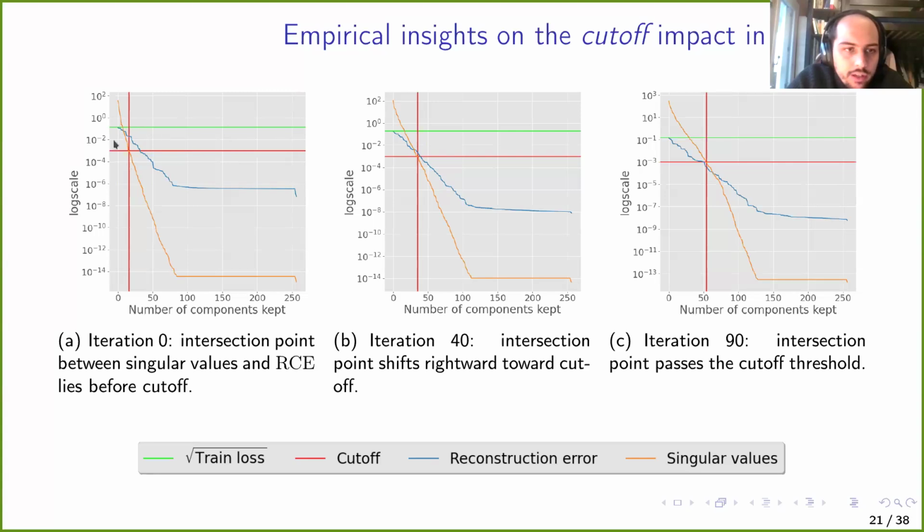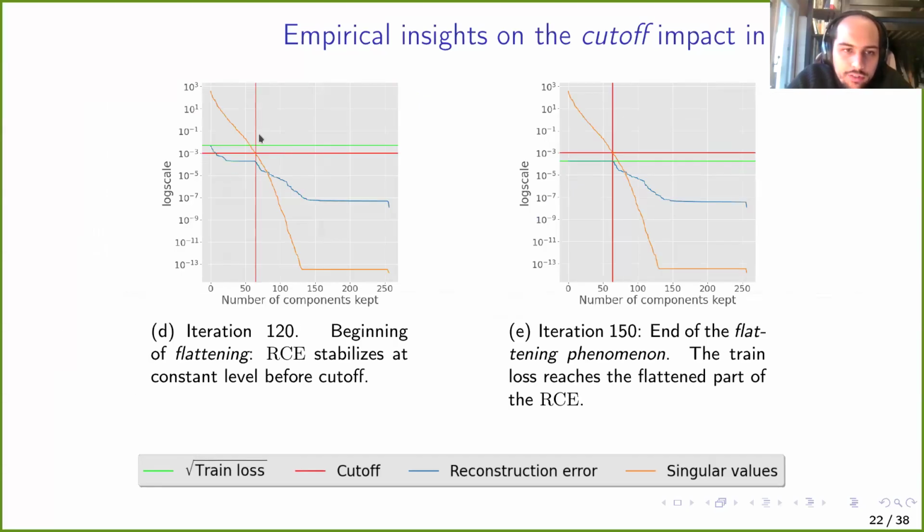At iteration 0, that's the beginning. After 40 iterations, this moves a bit, and after some point the crossing between the two curves goes beyond the number of components that are kept, and the RCE begins to become flat. This is in fact a general phenomenon.